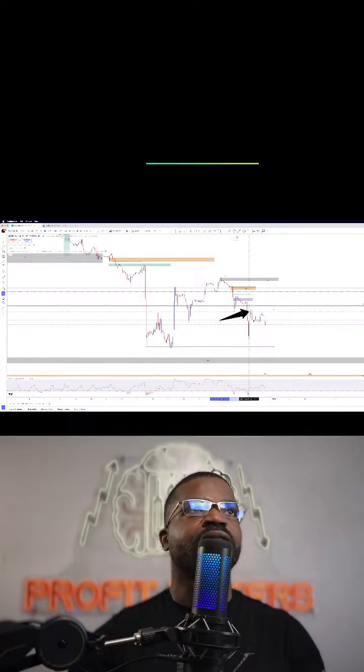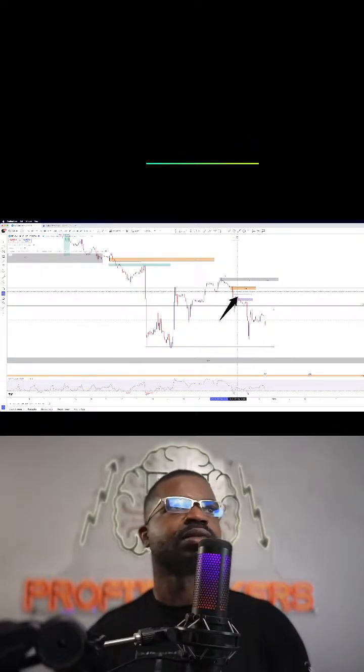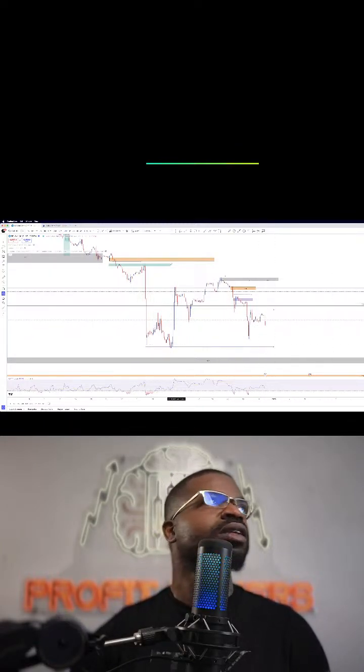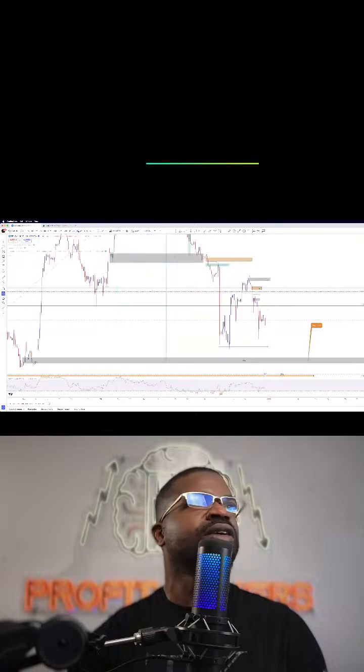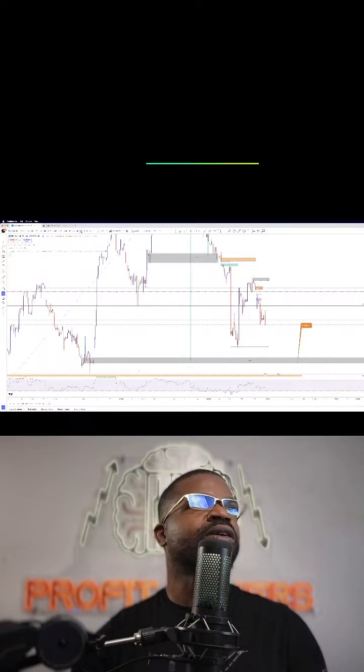So right here at this high, price pulled back and created a double top on the 4-hour. We need to see how this next candle closes. Oh, that's not the 4-hour. My apologies. Yeah, we need to see how that closes. Looks like we may have another bear flag being formed.